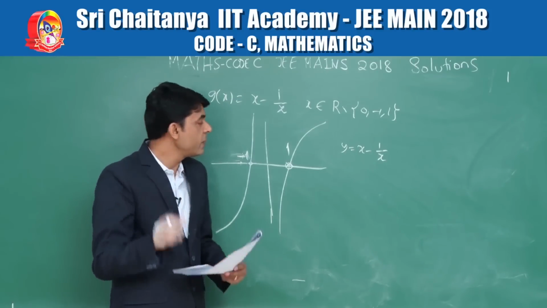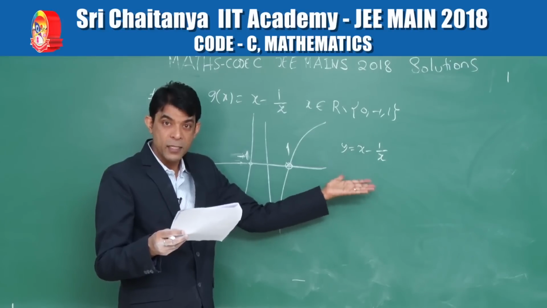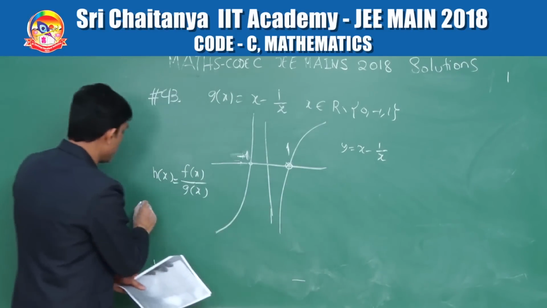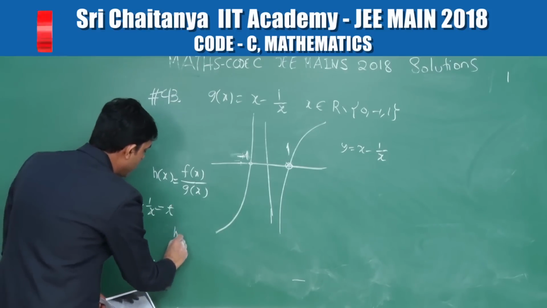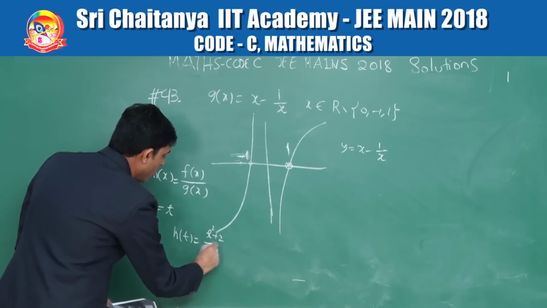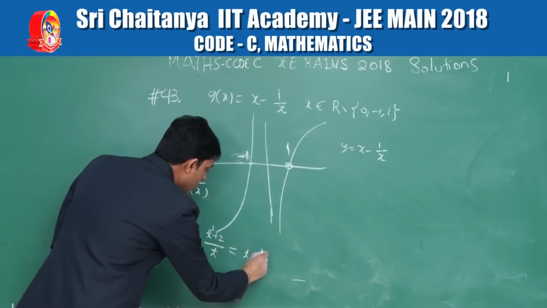I choose to work with x minus 1 over x rather than x because that's simple. And so let's write this x minus 1 over x as t. So we have got h of t is t square plus 2 over t, and so that's t plus 2 over t.